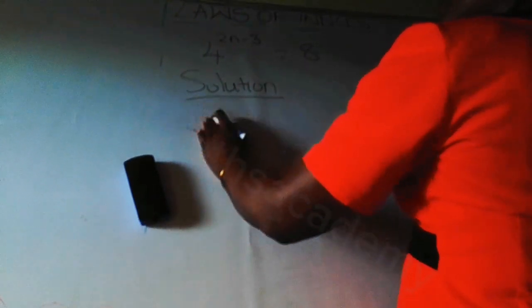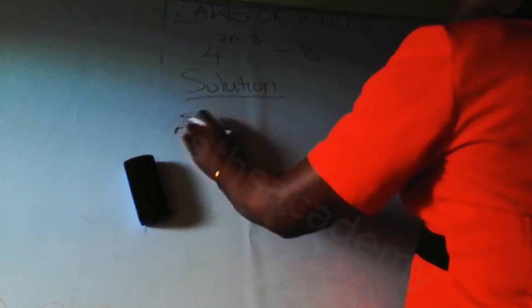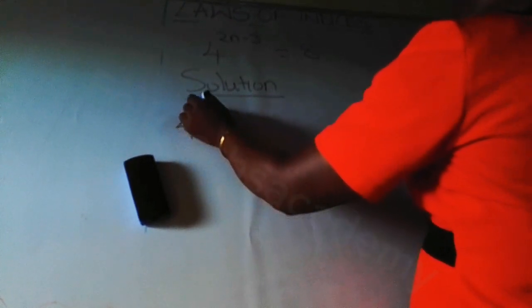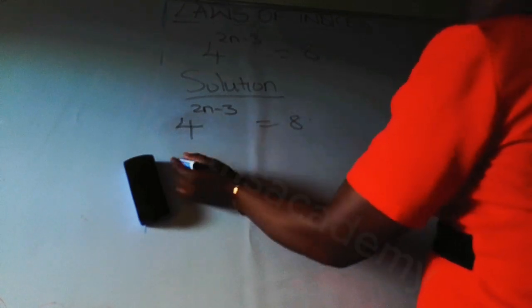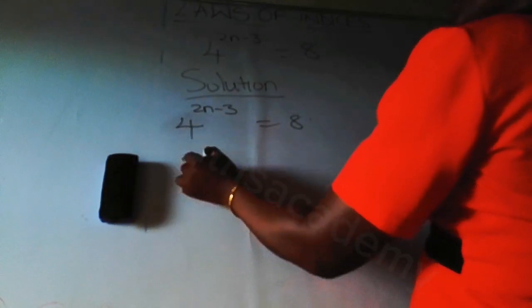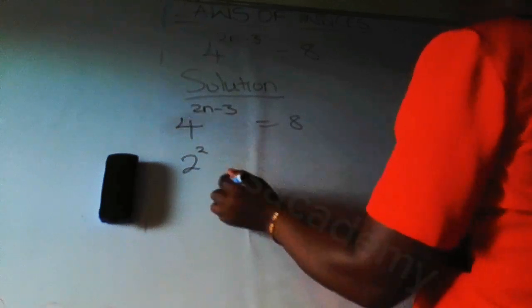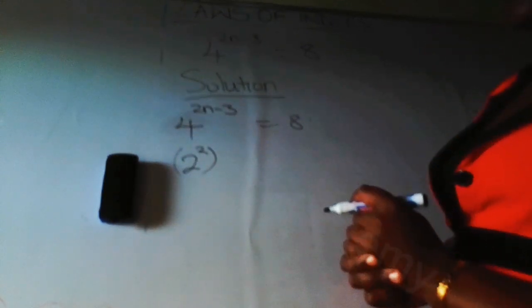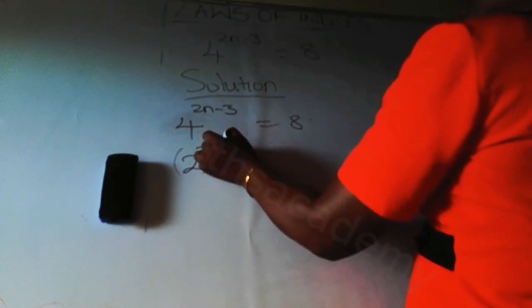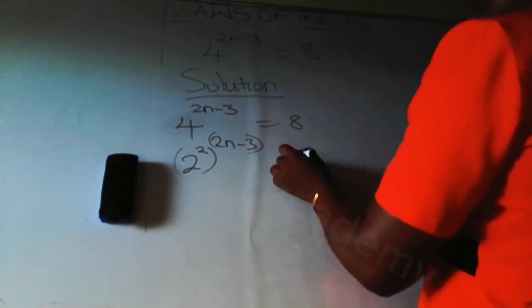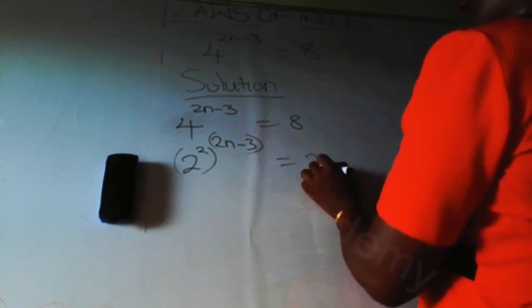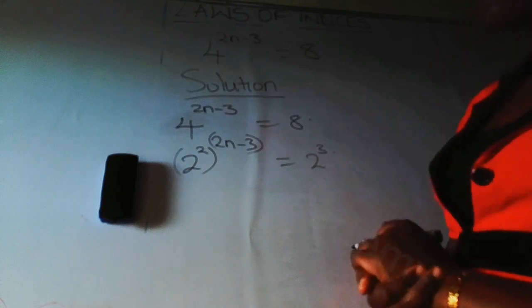Let me write out the question. 4 to the power 2n minus 3 is equal to 8. This 4 is 2 to the power 2, to the power 2n minus 3, is equal to 8, which is 2 to the power 3.